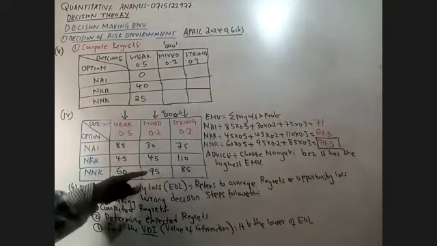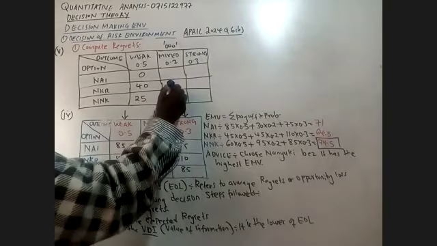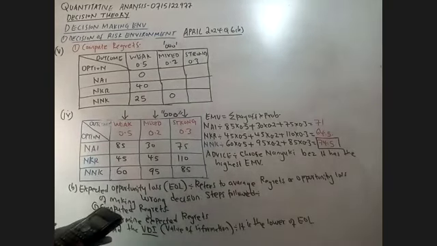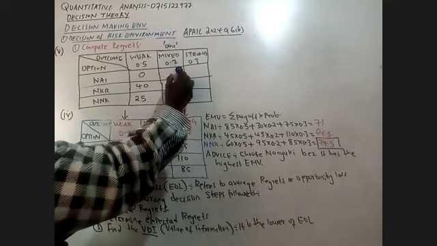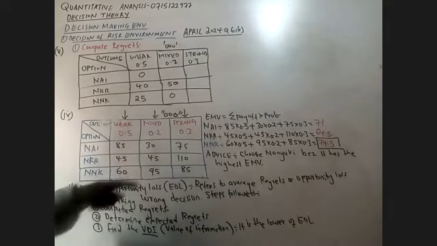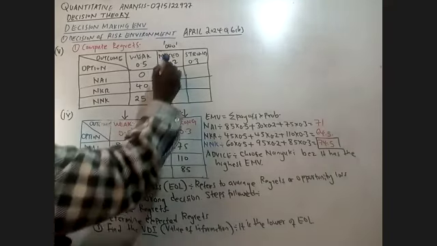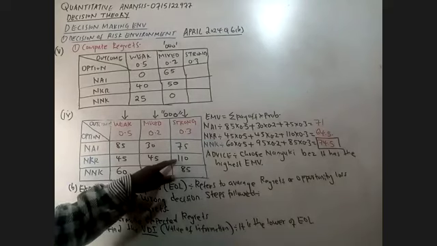Next column, the highest is 95. So 95 minus 95 is 0. 95 minus 45 is 50. Then 95 minus 30 is 65. In the last column, the highest is 110.